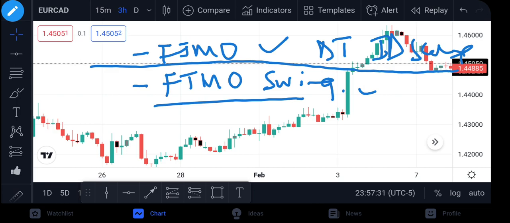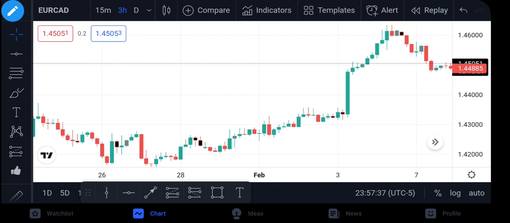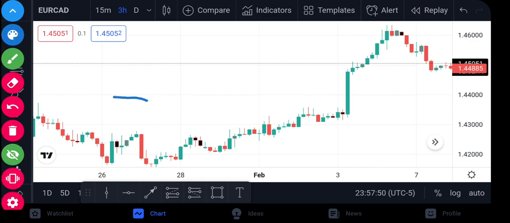Going forward, I'll give you some examples of the strategy that I use. One of them is let's look at this Euro card.